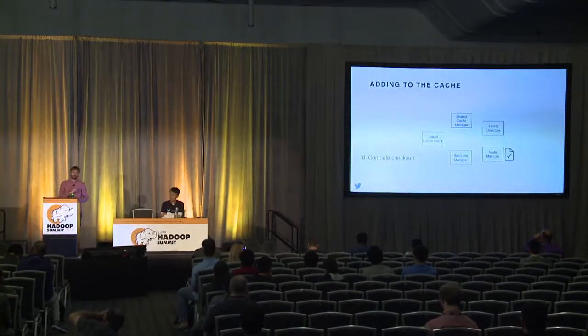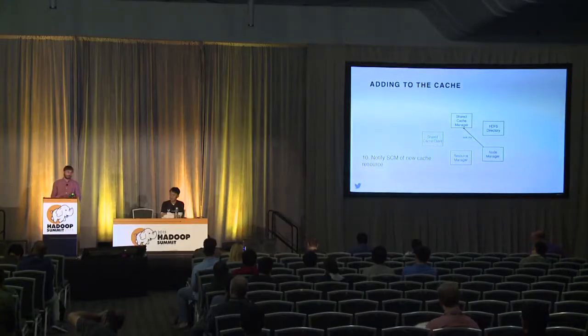The key part is that the checksum is computed by a trusted party, which then uploads the resource to the proper shared cache directory. After that, the node manager notifies the shared cache manager that a new entry has been added to the shared cache. Following use calls for that specific checksum will then respond back with the known path as opposed to null.